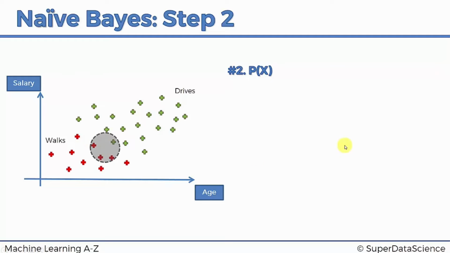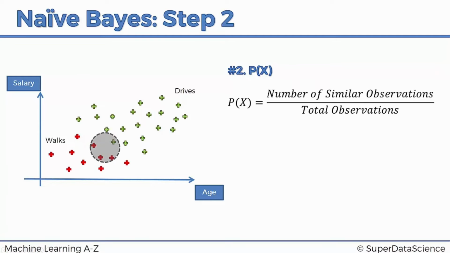So basically it falls into that circle. And so P of X is the number of similar observations, meaning observations similar to the point that we're about to add, divided by the total number of observations, which is 30 in our case. So it's 4. We can see that there's 4 points in this circle right now, divided by 30.